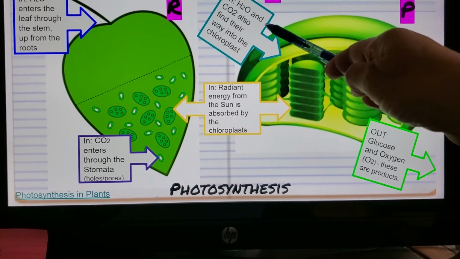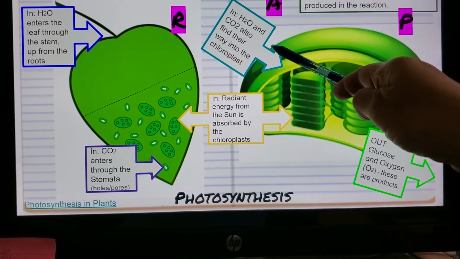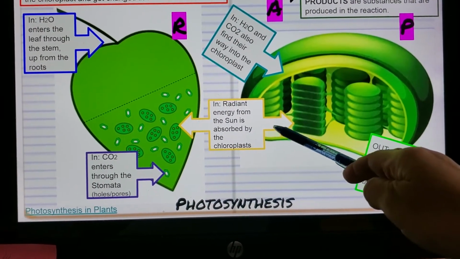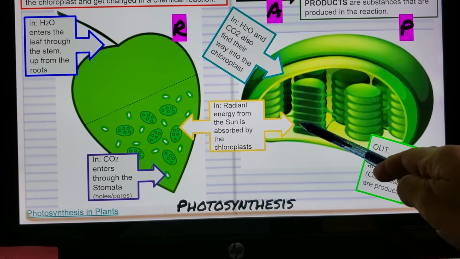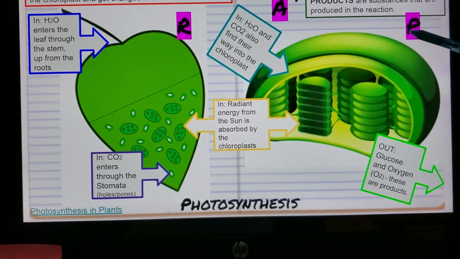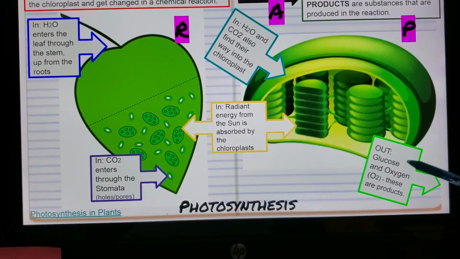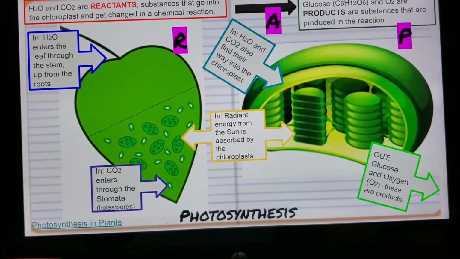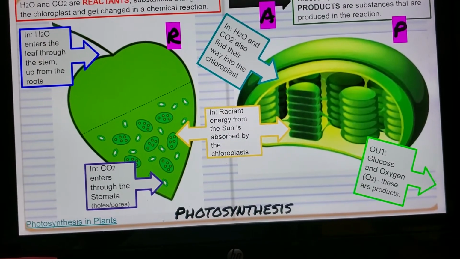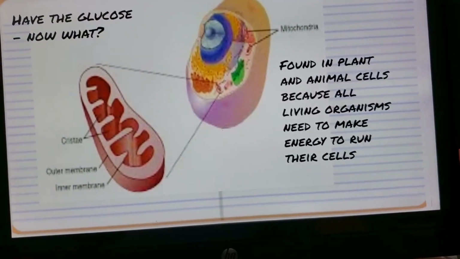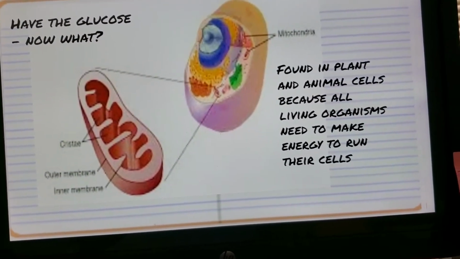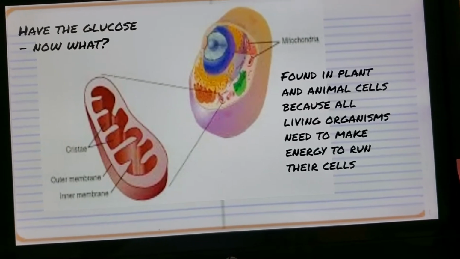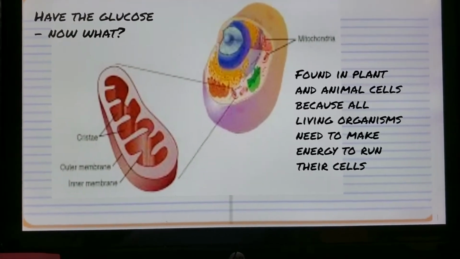The water and carbon dioxide are coming in, and so is the solar energy, or radiant energy. And what do we get? We get products, in this case two of them, glucose and oxygen. So now we have glucose. Now what the heck do we do with it? Or what does the plant do with it?